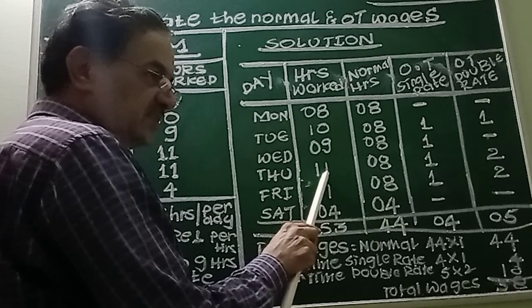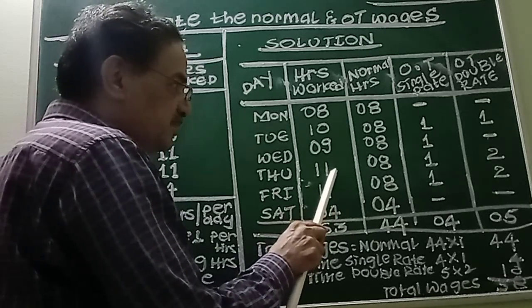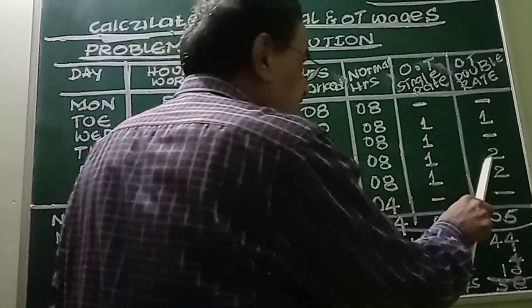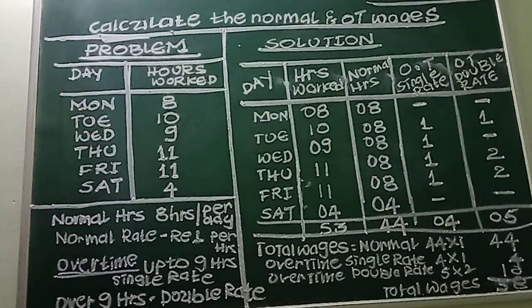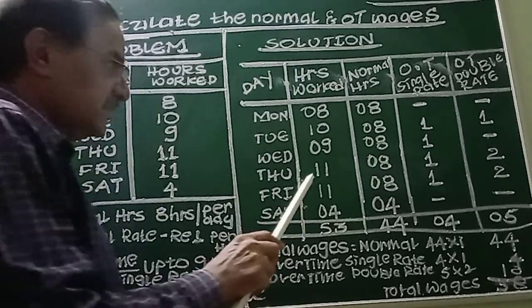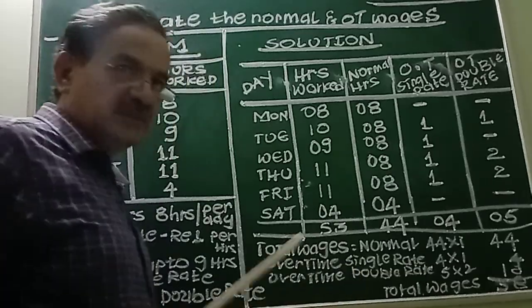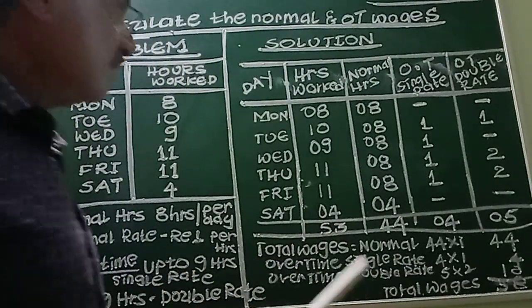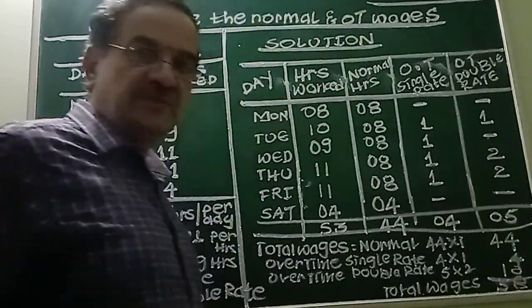So 2 hours extra he has worked, where he is entitled and eligible to get 2 hours of wages on double rate OT, overtime wages under double rate, because 8 plus 1 plus 2 is equal to 11. 8 hours normal, 1 hour is single rate and the 2 hours is double rate.